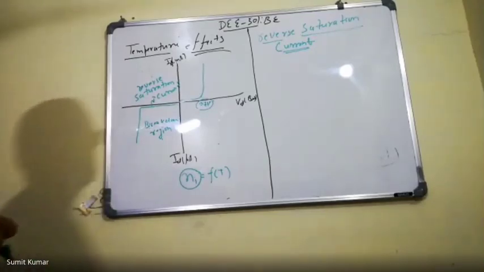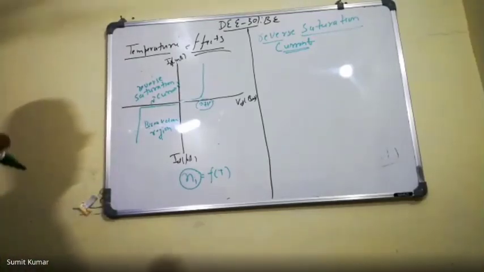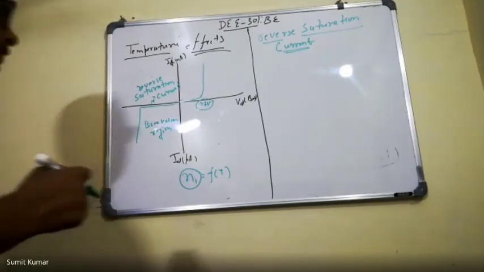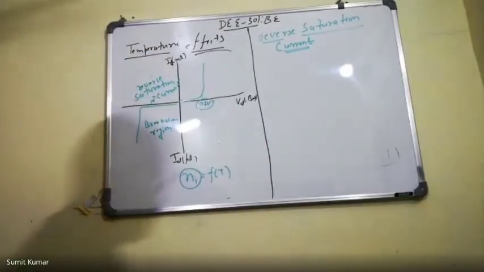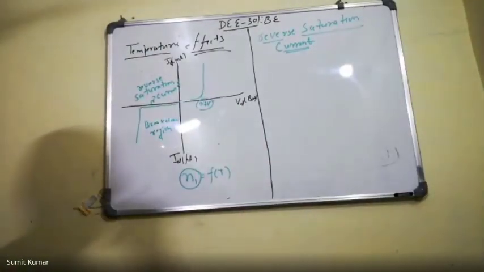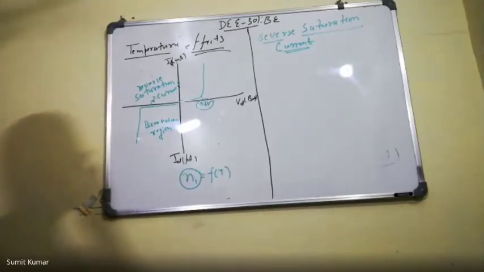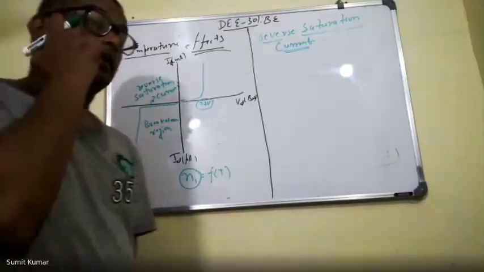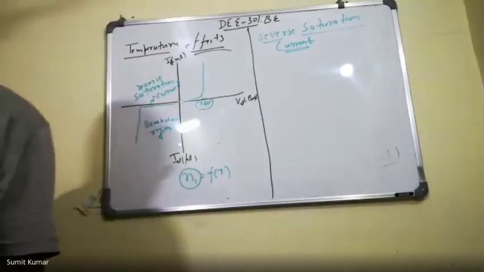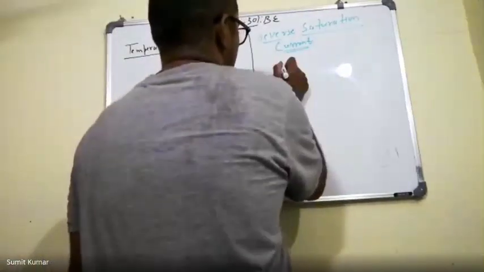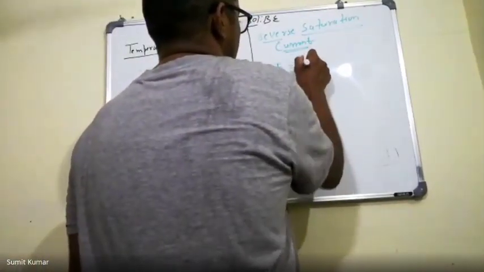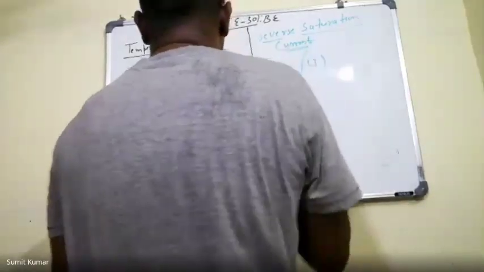So how will this reverse saturation current increase for the silicon diode? Here we will try to understand. There is an observation. This is practically observed in the laboratories with experimentation, so you will have to accept those facts, and for cross checking you can use the internet. So this reverse saturation current is a function of temperature.